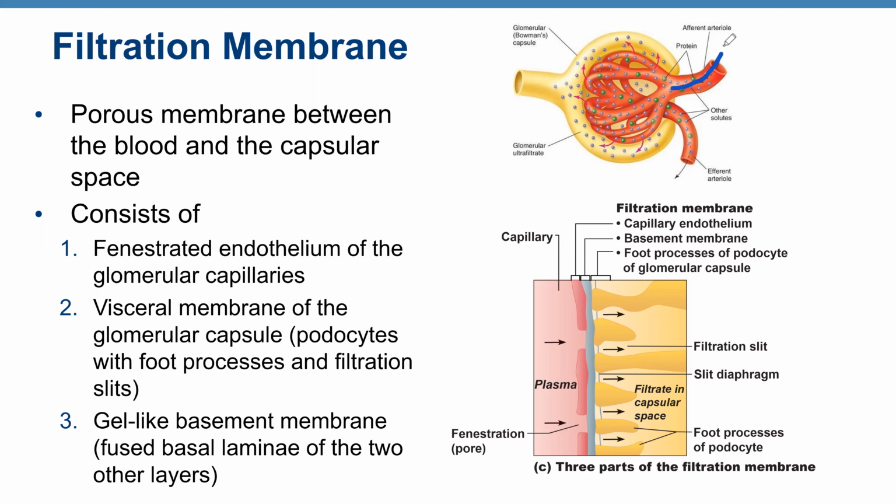So when the blood flows into the glomerulus, remember the glomerulus is fenestrated, it's very porous. Lots of the water of the plasma and solutes, those substances that dissolve in water, filter out inside this capsule. Now, what exactly do they need to pass through? You're moving from a blood vessel inside the tubule.